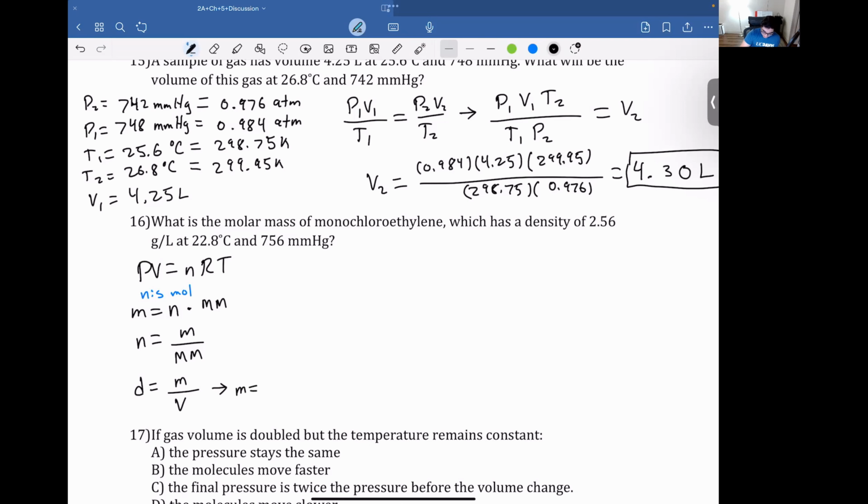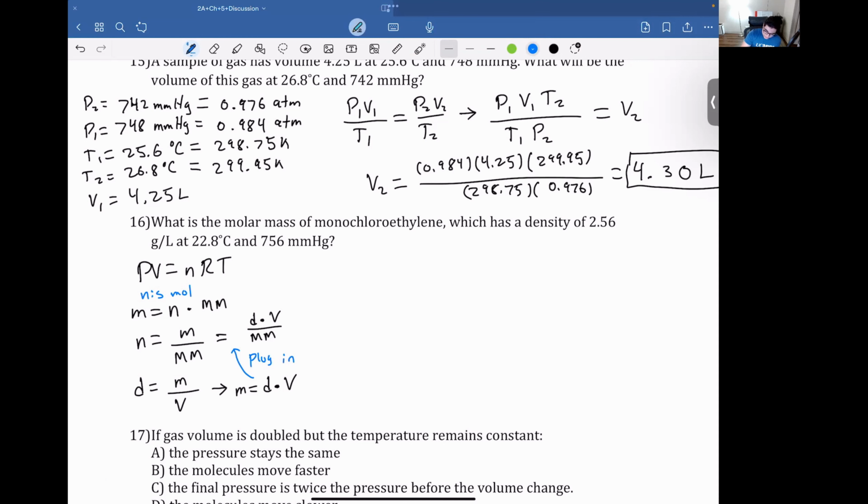So mass is equal to density times volume. Note how I don't like the density because dV is often a differential in calculus, so I'm making it very clear there's a dot between them, d times v, or density times volume. So then I can plug in to the moles, and I get d times v over molar mass is equal to moles.